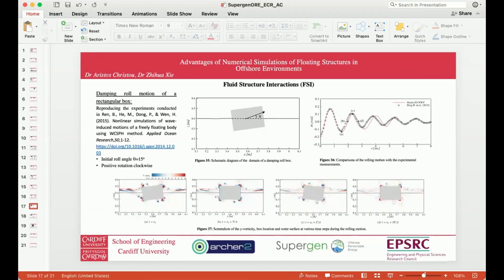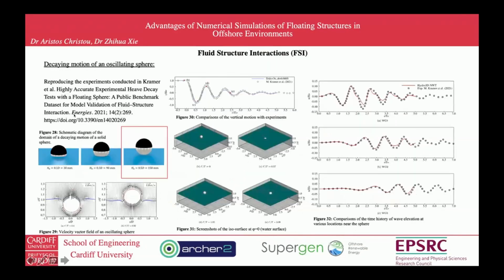And Aristos is going to talk to us about the advantages of numerical simulations of floating structures in offshore environments. And Aristos, if you'd like to share your screen when you're ready, and we shall start straight away. We've got two presentations. We'll listen to each one and take questions after each of the presentations.